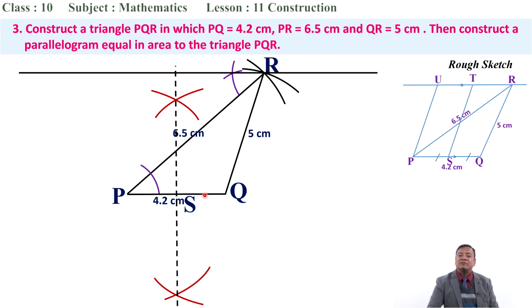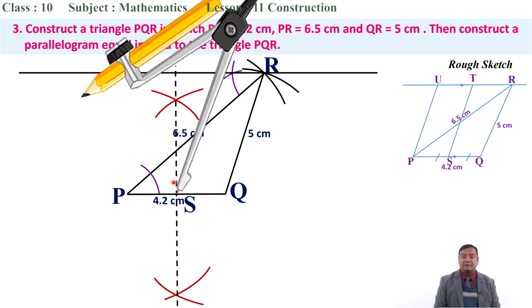The base of the parallelogram must be either PS or QS. So here take a certain radius, but that must intersect this line. If you choose a small radius, then it may not intersect this. So you can take a certain radius, but that must intersect this line.